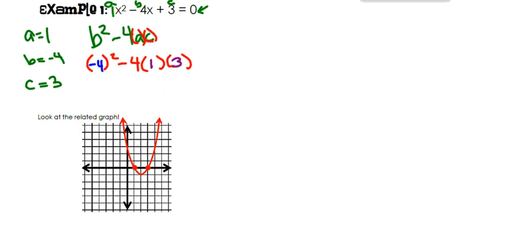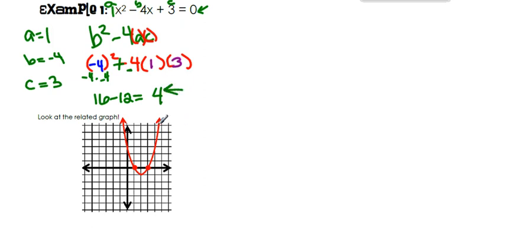And then we just have to evaluate it. So when you're looking at this, negative 4 squared means negative 4 times negative 4, and a negative times a negative is a positive 16. Okay? Then, if I use a state change, I have a negative 4 times 1 is negative 4 times 3 is negative 12. Okay? That gives me a discriminant of 4.